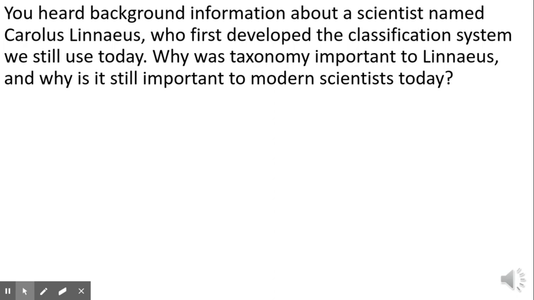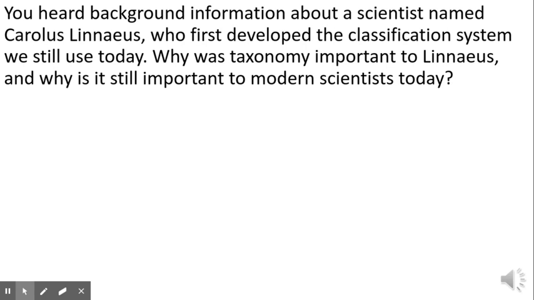You heard background information about a scientist named Carlos Linnaeus, who first developed the classification system we still use today. Why was taxonomy important to Linnaeus, and why is it still important to modern scientists today? If you remember, Linnaeus was really into different animals and putting them in categories, but he saw that people in different areas and different groups were putting them into different categories, and it was kind of confusing.